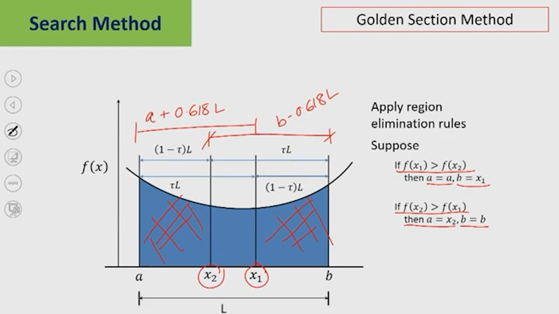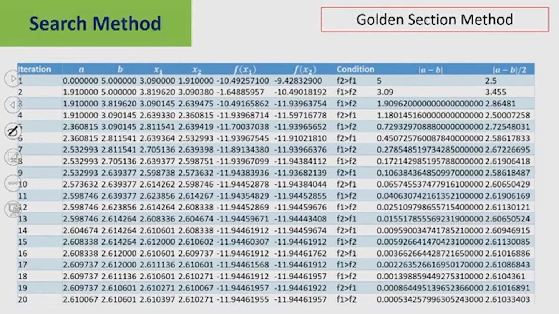Okay. So, let us go to the table. Here also we have started from 0, that A is 0 and B is equal to 5, between 0 and 5. Then I have calculated the value of x 1. So, x 1 is A plus 0.618 L, and similarly I am also calculating the value of x 2.